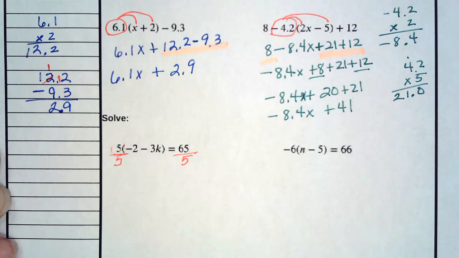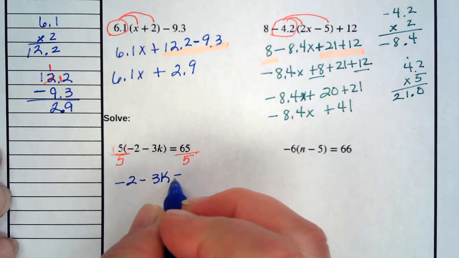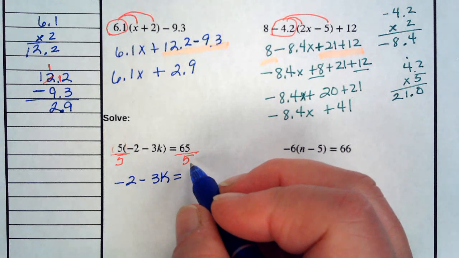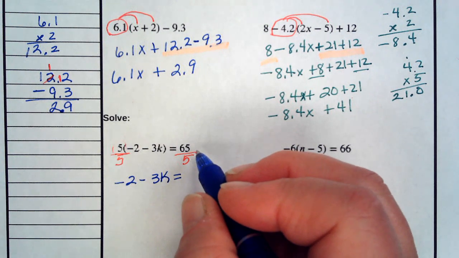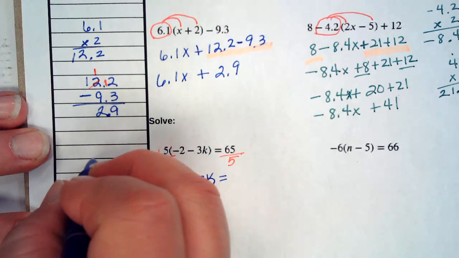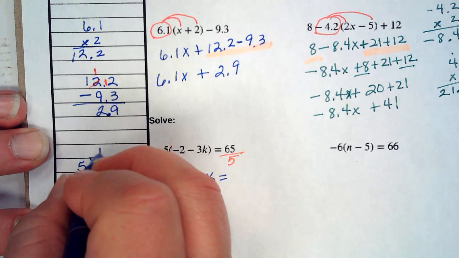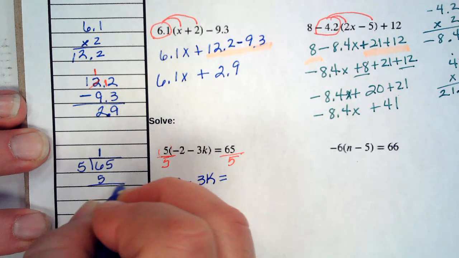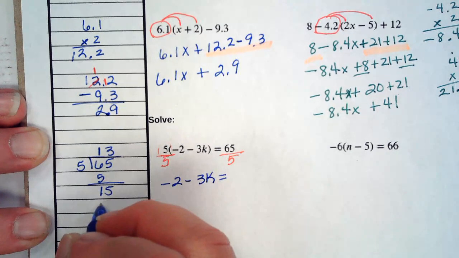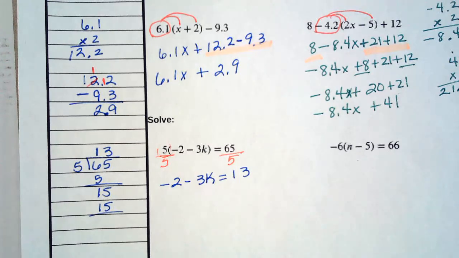And I've got negative 2 minus 3k is equal to, well, 65 divided by 5. 5 goes into 6 once, I bring down the 5, 5 goes into 15 three times, so it is 13.